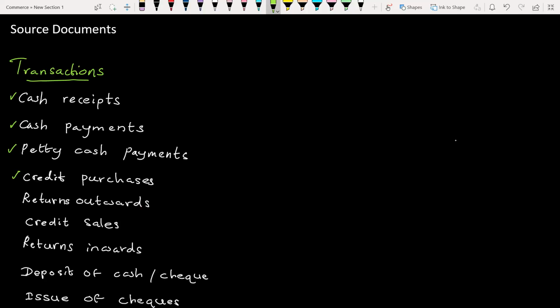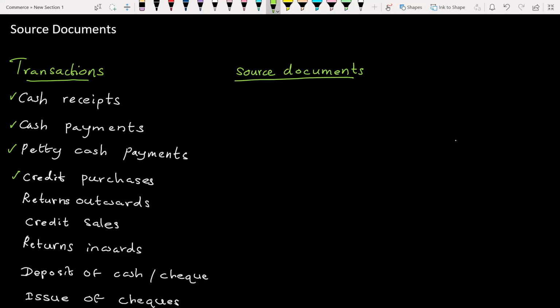Therefore, as and when transactions take place in a business, the business prepares certain documents, including all the details of transactions. And we call these documents source documents. So in simple terms, source documents are the documents that contain details of transactions.